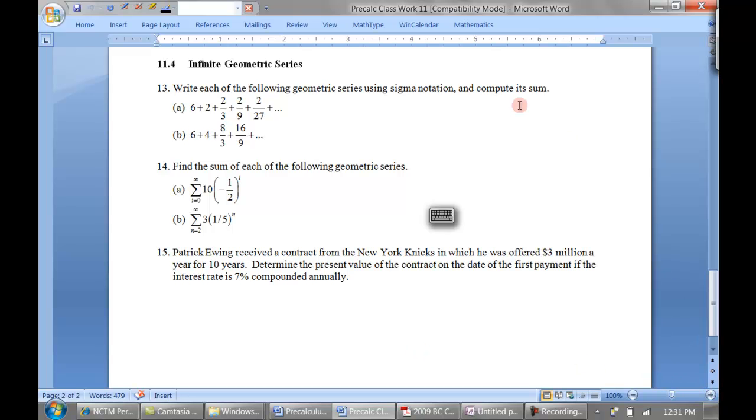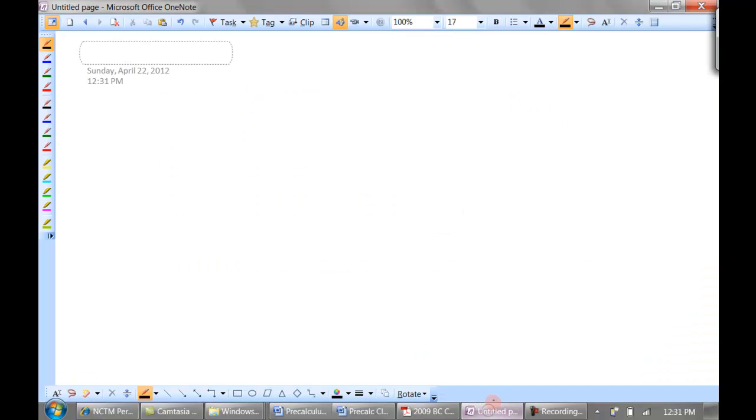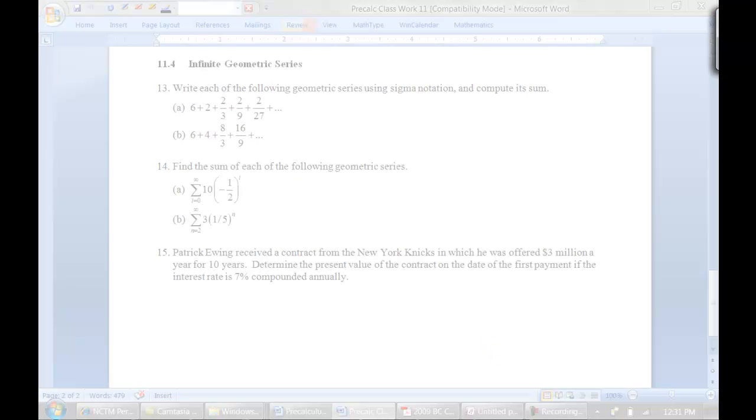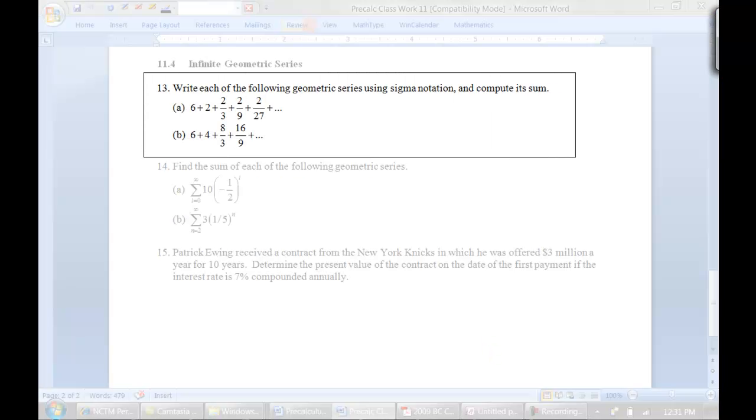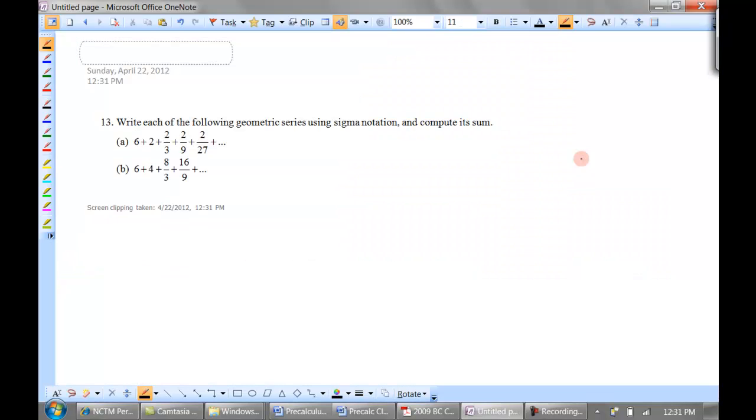And if I take a look at 13, if we take a look at A, we have the geometric series where the first term is 6 and r looks like it's 1/3.